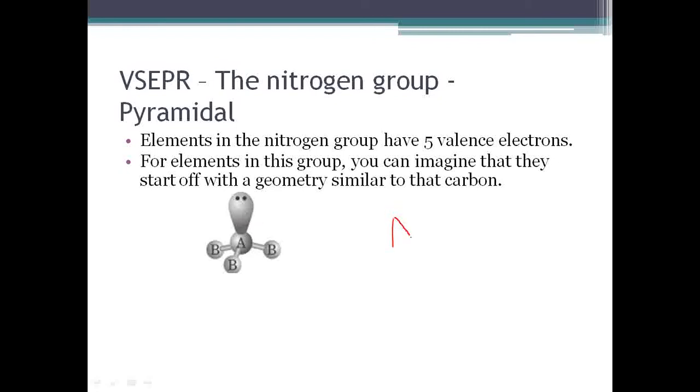If I was to draw the Lewis dot structure of nitrogen, we got 1, 2, 3, 4, 5 like this, and say it's combining with hydrogen. I'll use an electron from hydrogen. I'll use an X instead so you can see the difference between them. There's 1 hydrogen, 2 hydrogens, 3 hydrogens, like that.